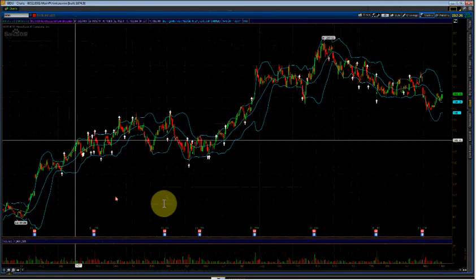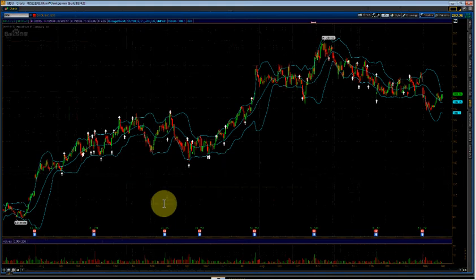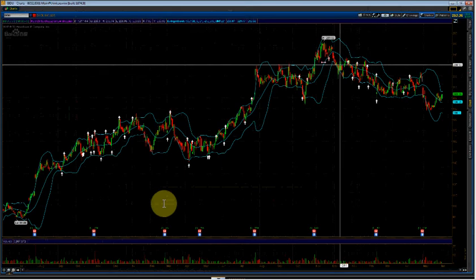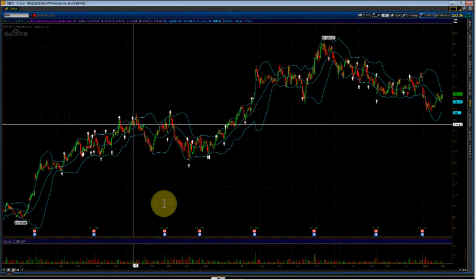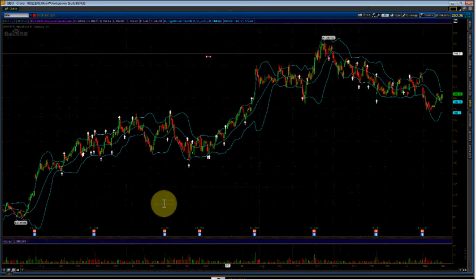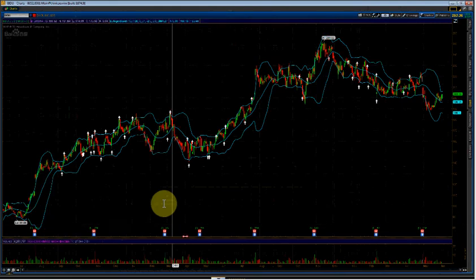But do you know what something like this is? You know what something like this is? Bread and butter. Bread and butter trades. What is a bread and butter trade?